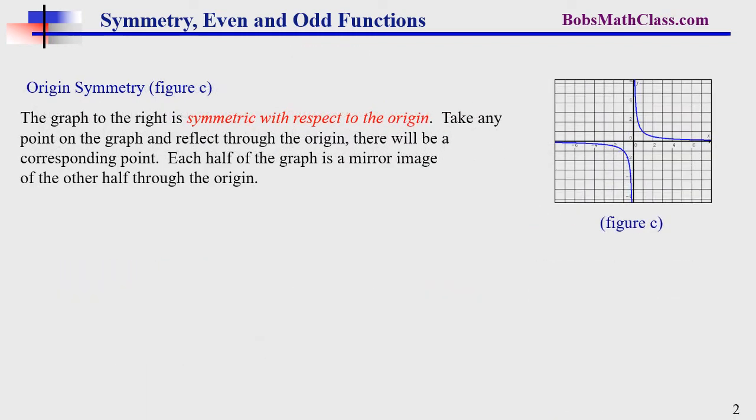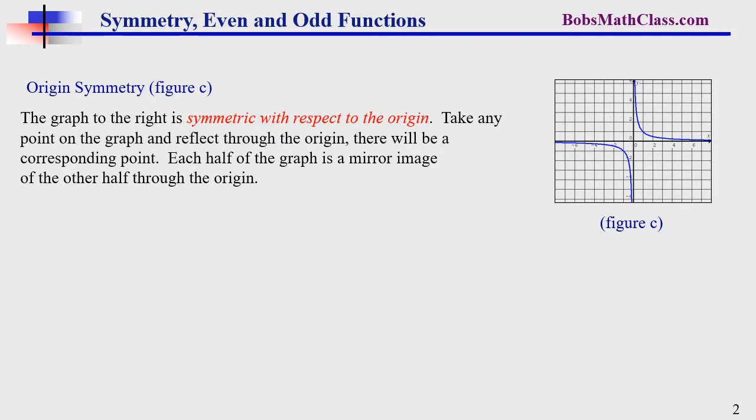One more type of symmetry is called origin symmetry. The origin is the point (0, 0), where the two axes intersect. Here's an example. This graph is symmetric with respect to the origin.